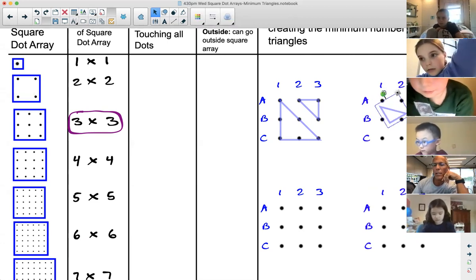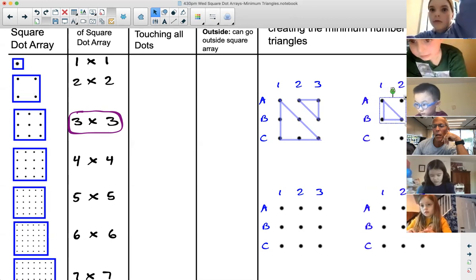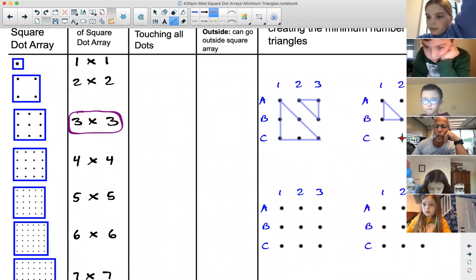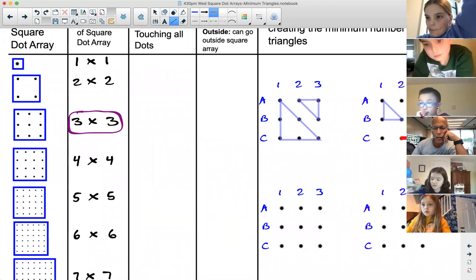Okay, like this. And then I went from C2 to C3 and up to B3. And then I went down. Down where?